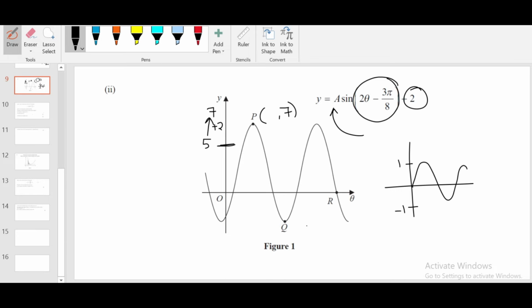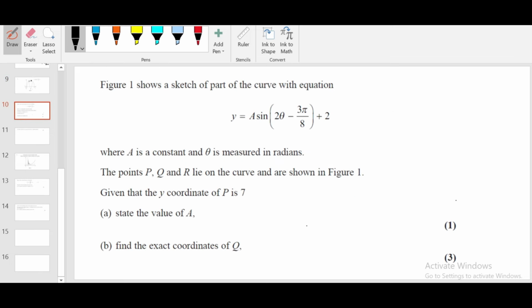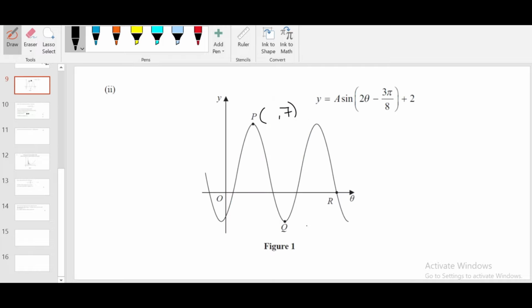So A is 5, because if A is 5, the maximum and minimum values become 5 or negative 5. Straight away you will know A is equal to 5. So the answer for part A is 5. Now find the exact coordinates of Q. They want you to find the exact coordinates of Q, this point.